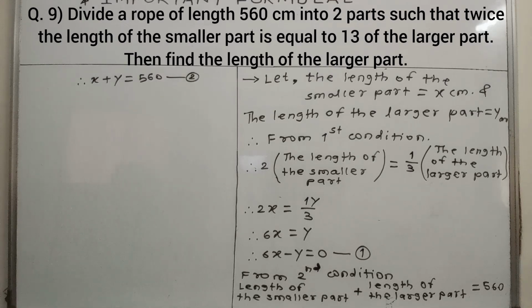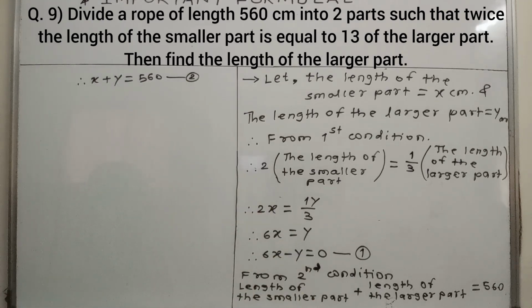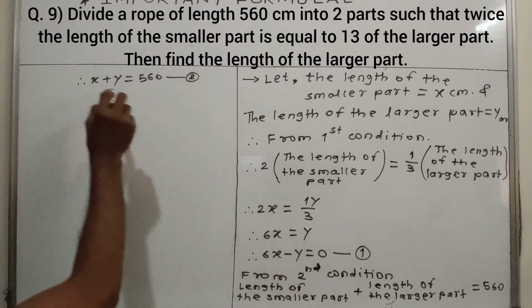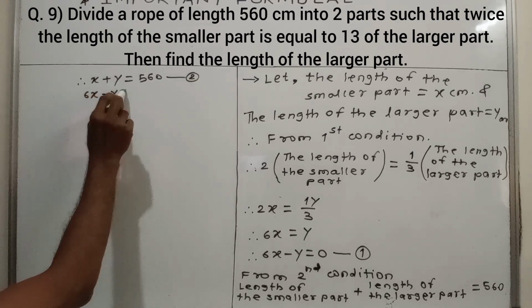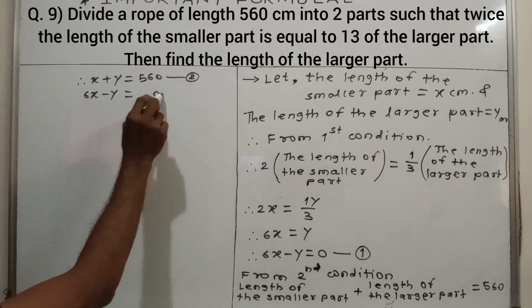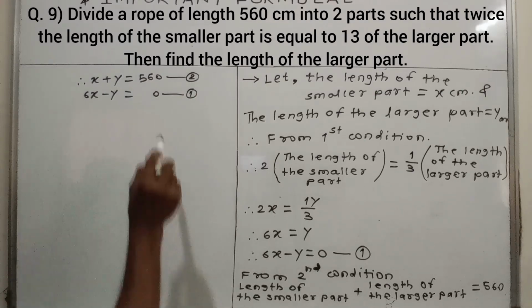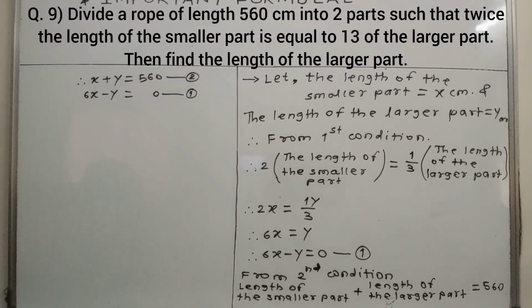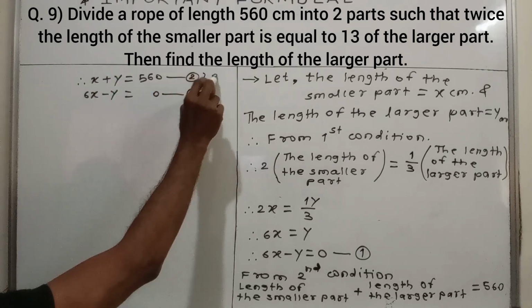Equation number 2. Exactly below this 2 we write equation number 1 because coefficients of y are same, or we say equal. So we write exactly below: 6x minus y is equal to 0. This is equation number 1. Now here coefficients are equal and signs are opposite.